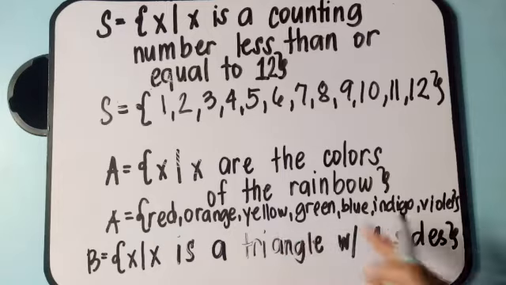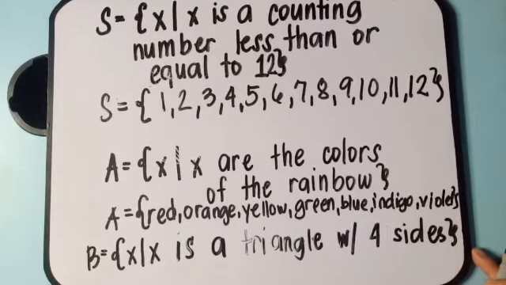So Roy G. Biv. Next, the last one is set B, which is the set of X such that X is a triangle with 4 sides. Okay, set B daw is a triangle with 4 sides. So do we have a triangle that has 4 sides? Of course, none.